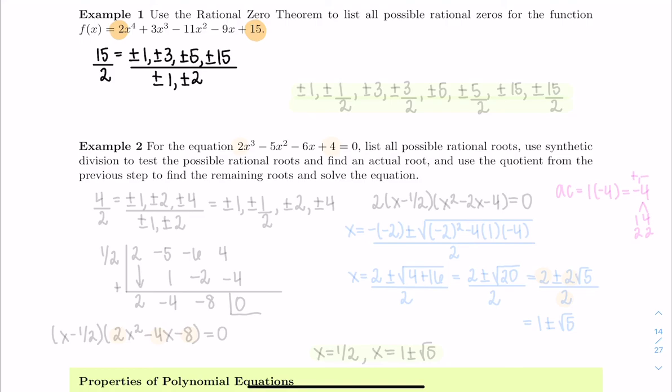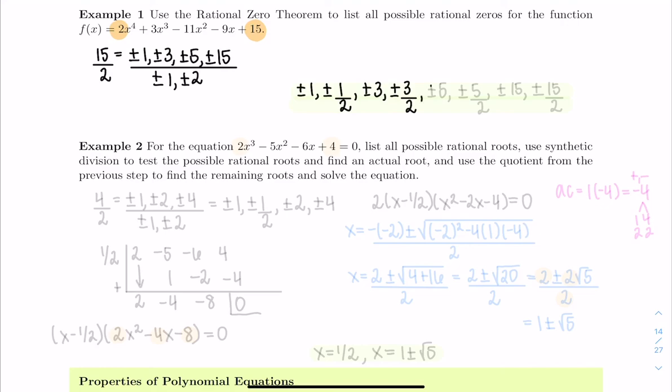And so now we want to divide. We have plus or minus 1 over plus or minus 1, which gives me plus or minus 1. We've got plus or minus 1 over plus or minus 2, which is plus or minus 1/2. We've got 3 over 1, which is going to give me 3, and then 3 over 2, which gives me 3/2.